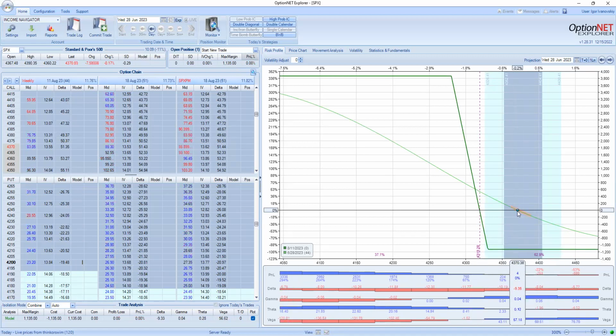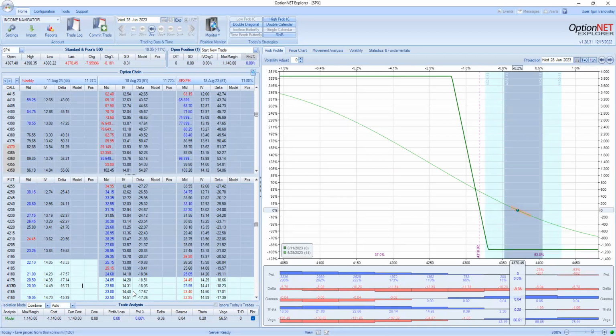So this put debit spread is going for $11.40. Maybe I move my put credit spreads a little bit further out of the money, collecting a little bit less of a credit. So if I'm collecting less credit and I'm paying more of a debit, this trade is going to start off for a net debit, which means that I'm going to start off with more negative delta.